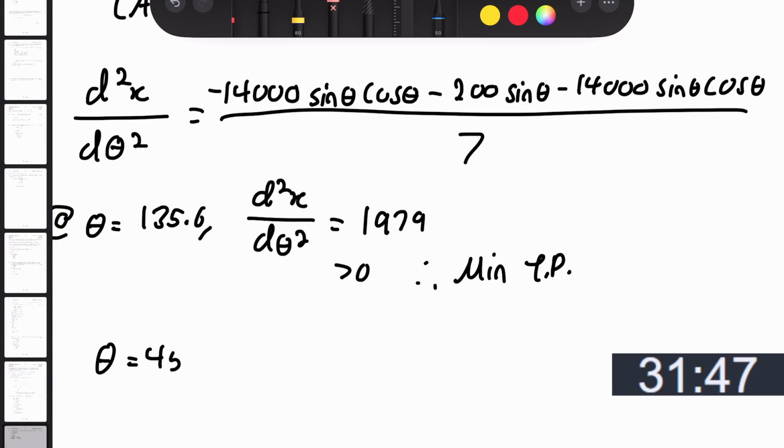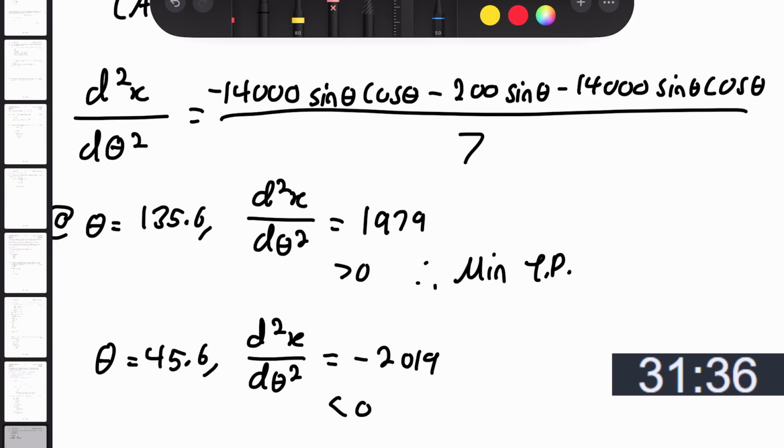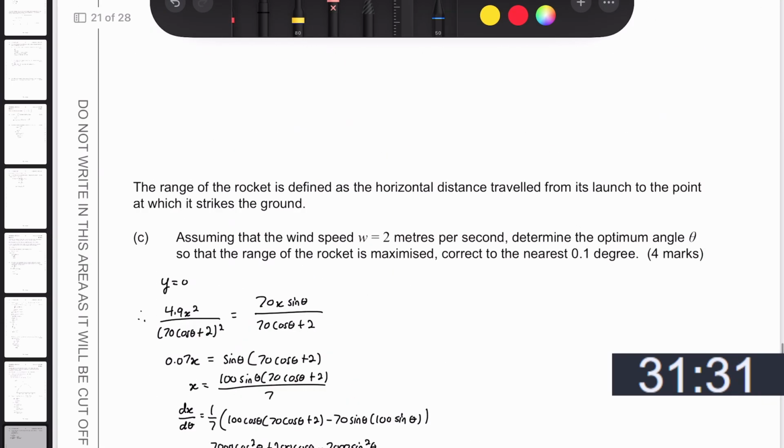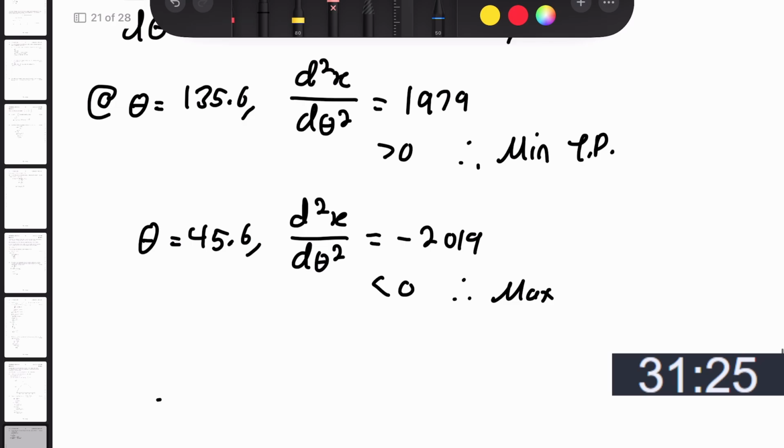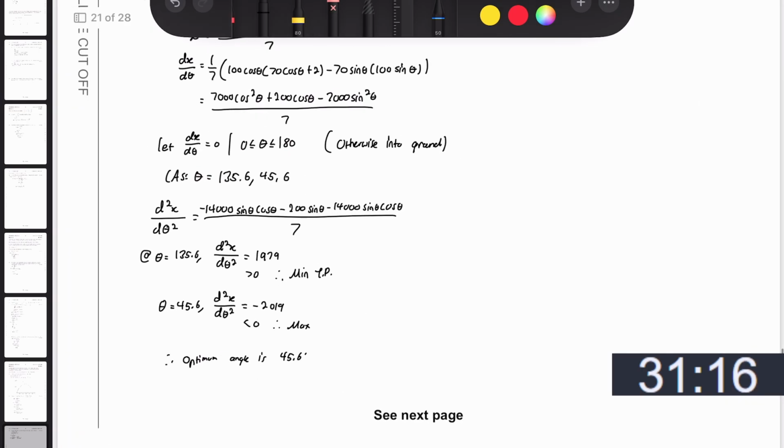And at theta 45.6, we have that d squared x on d theta squared is negative 2019, less than 0, therefore max. Does it want the maximum? Determine the optimum angle. I just want the optimum angle. Therefore, the optimum angle is 45.6 degrees.